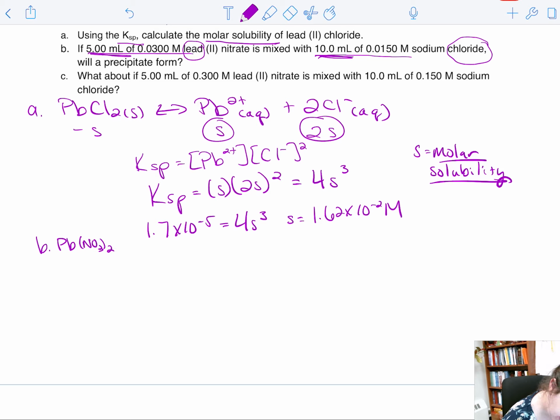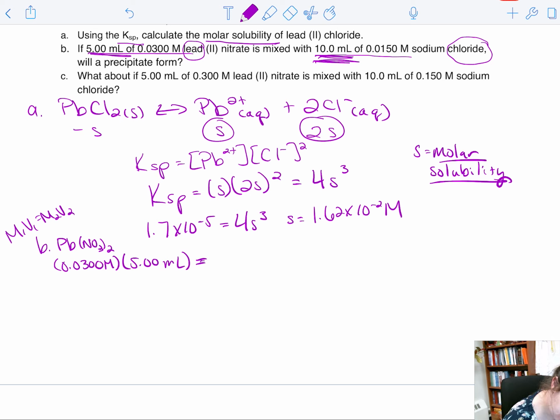We're doing M1V1 equals M2V2. Our M1 would be 0.0300 molar. Our V1 is 5.00 milliliters. We're going to add it to 10 milliliters, so we'll have a total of 15 milliliters.